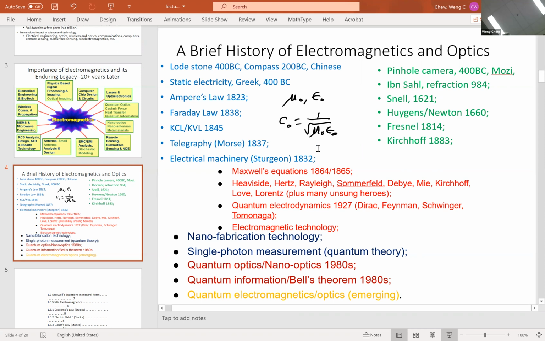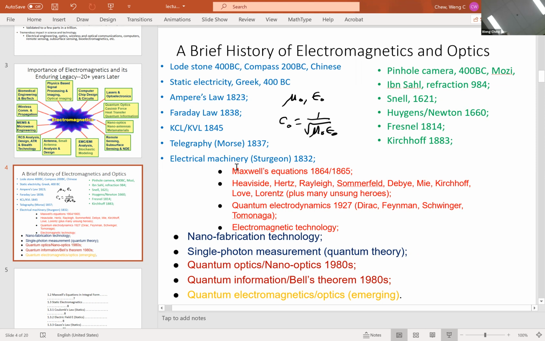And they found that this number is close to the velocity of light. Because on this side of the community, they were also studying astronomy, and they were using the eclipse of the stars and that kind of thing to figure out how long it takes for light to travel through the universe. So they more or less knew about the speed of light. And then that brings these two things together.